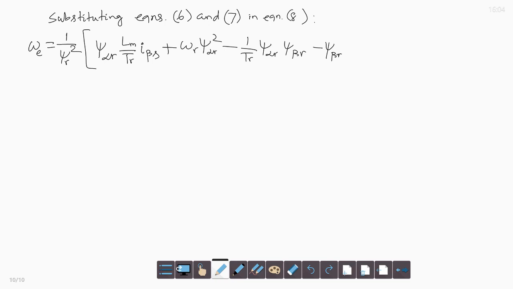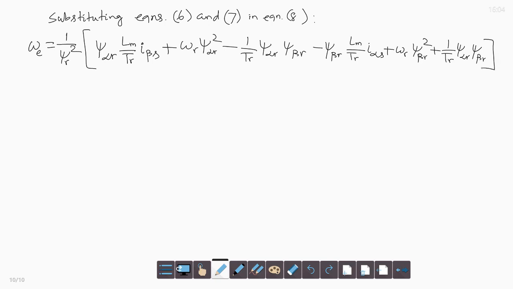Substituting the expression for psi alpha r dot, we have minus psi beta r into Lm by Tr into I alpha s plus omega r into psi beta r square plus 1 by Tr into psi alpha r into psi beta r.